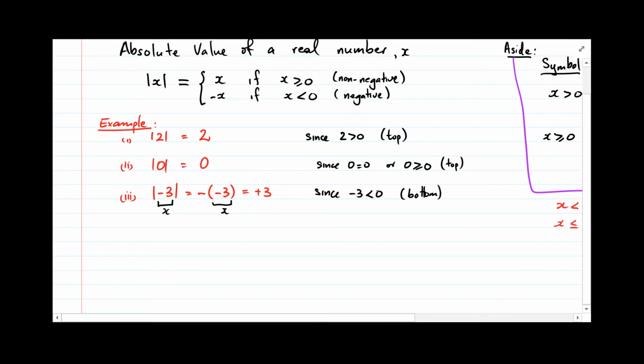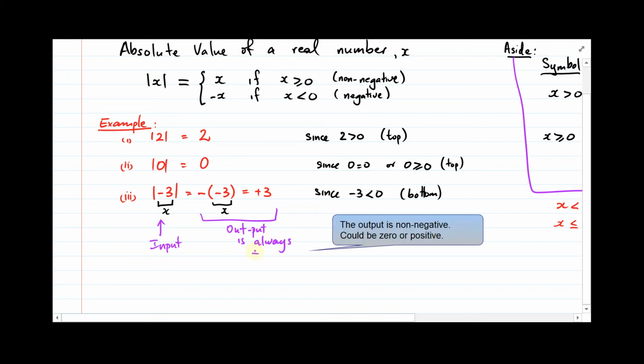Now, just based on these three simple examples, we should see something. We have an input, and the input can be positive or negative. But when we look at the output, the result is always positive.